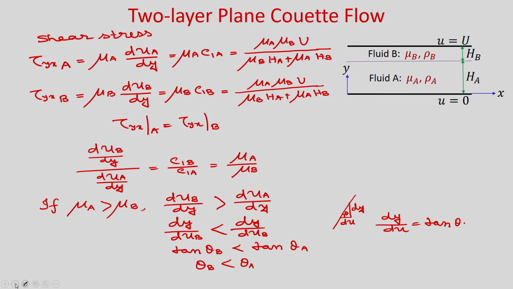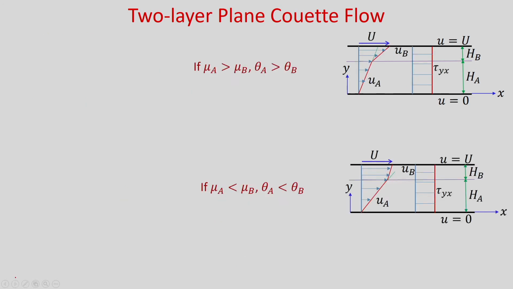So, now let us plot the velocity profile for two different conditions. We have already found that if mu_A is greater than mu_B, then theta_A will be greater than theta_B, and obviously you can see that this is the angle for the velocity profile in fluid domain A. So, this will be theta_A and this is theta_B.